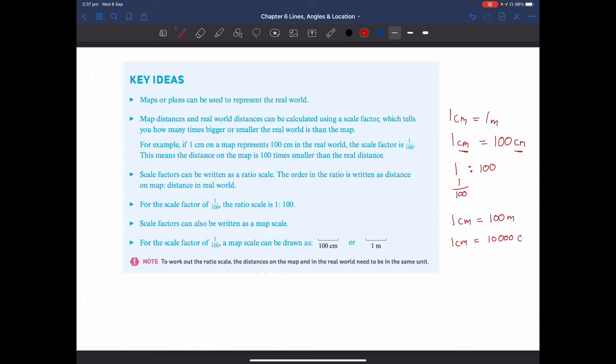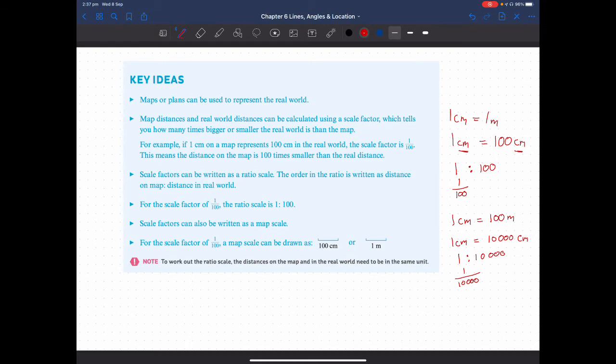So 1 centimetre would equal 10,000 centimetres, which means that I would have a ratio of 1 is to 10,000, or 1/10,000th.